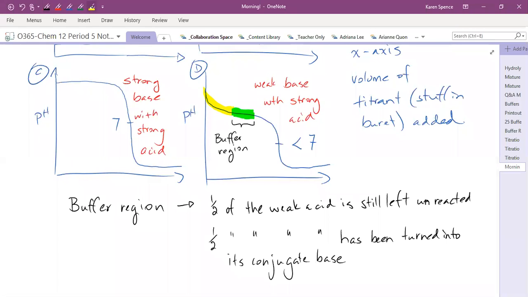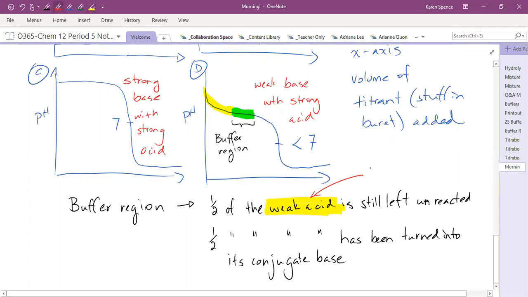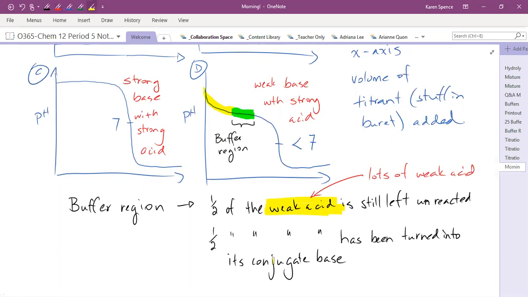So in other words, we have lots of weak acid because there's still half of it left. And we also have lots of the conjugate base.